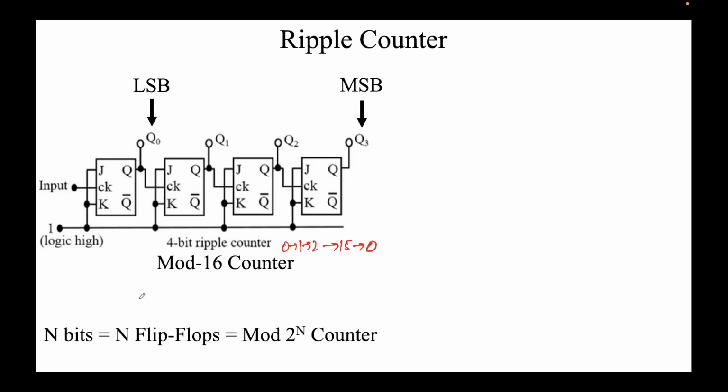In general, if there are n bits in a counter circuit, there will be n flip-flops, because each flip-flop contributes 1 bit, and it will be a mod 2 raised to the n counter. So if there were 3 flip-flops, the maximum value would be from 0 to 7. This means modulo 8. So mod 2 to the power 3 is modulo 8, and so on. This is just a good thing to remember.